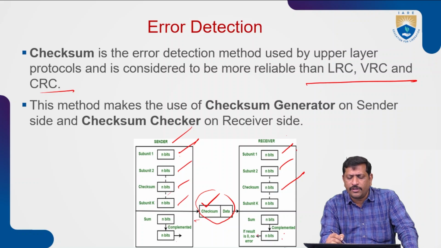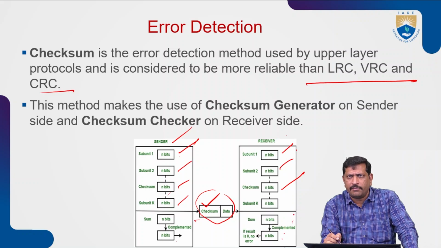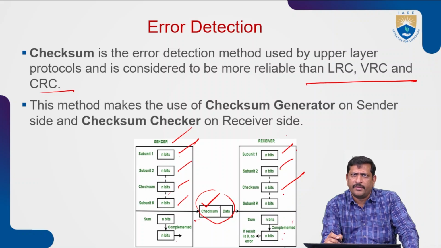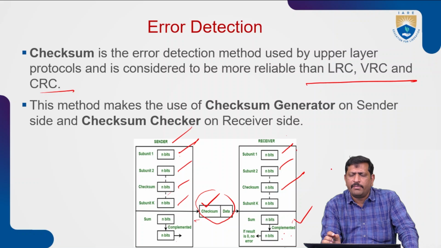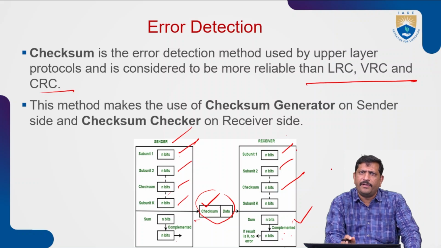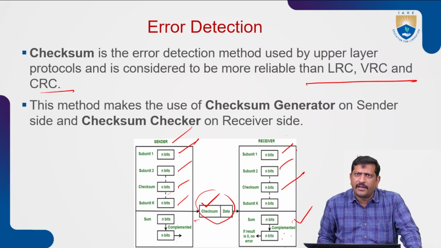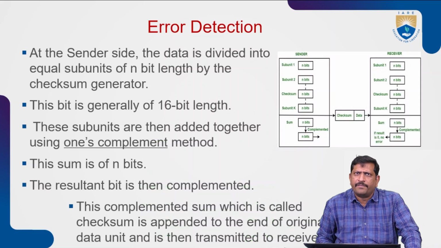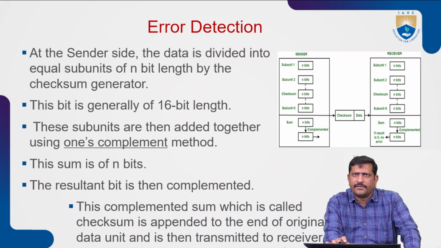If the result is 0, there is no error, so the data will be accepted by the receiver. If it is not 0, an error has arisen, and the receiver rejects the data transmitted by the sender.